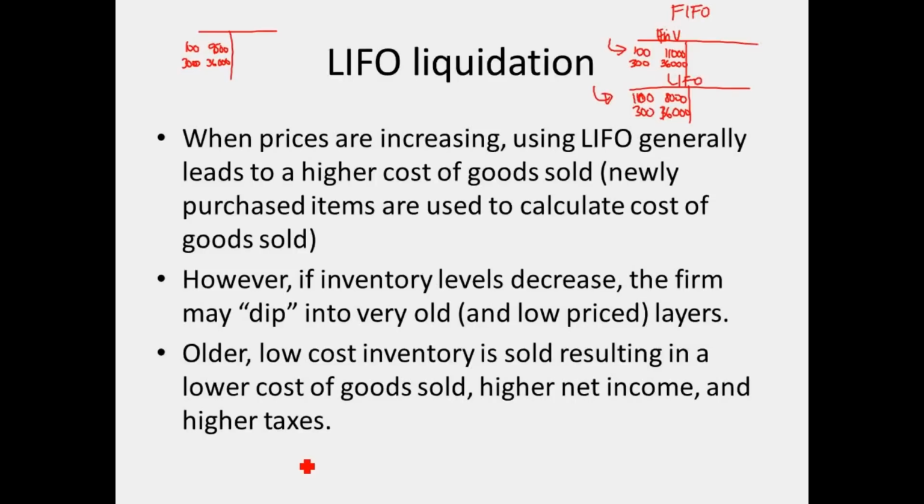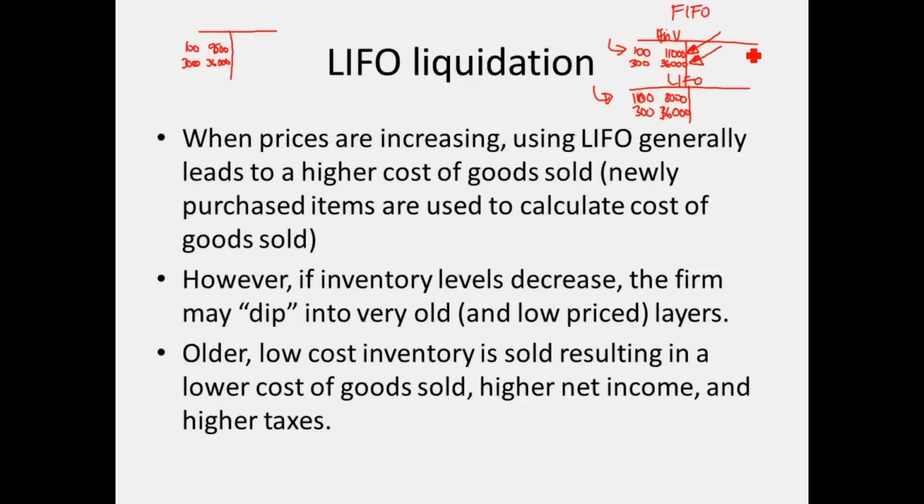Which ones am I pretending I'm selling? First, I'm going to sell 100 of these, and then 200 of those. The books that I bought last year are cheaper than the books that I bought this year, so my cost of goods sold is lower.